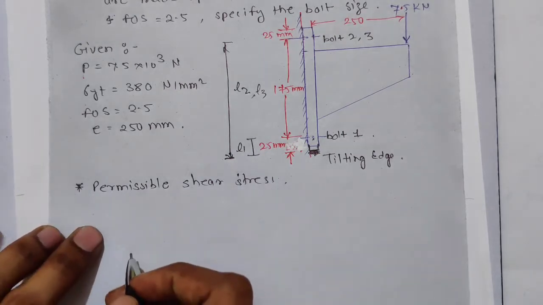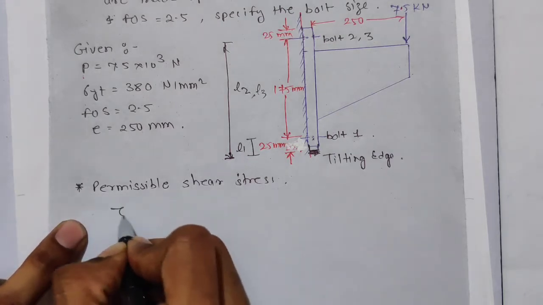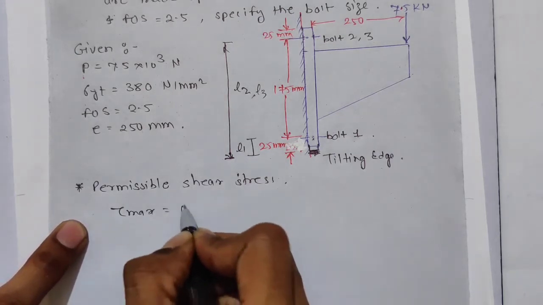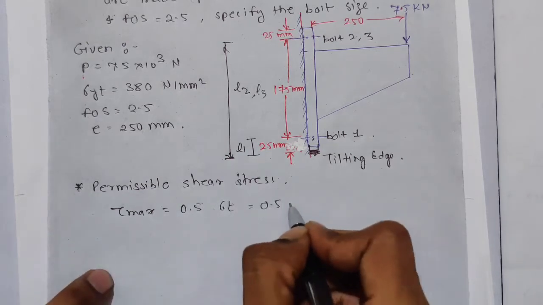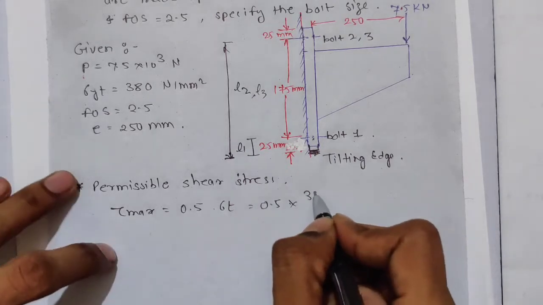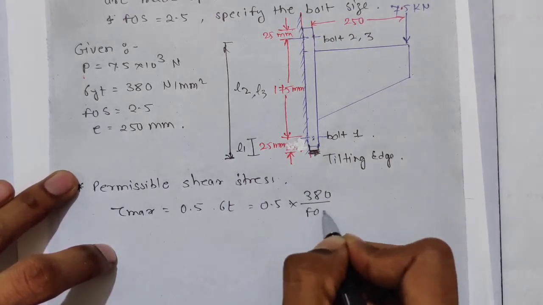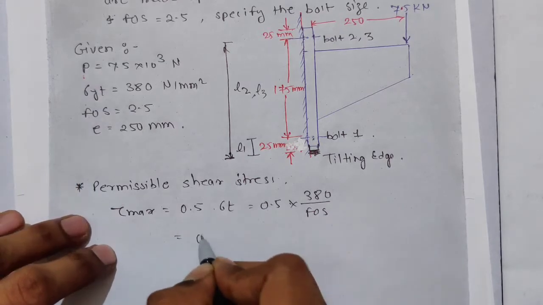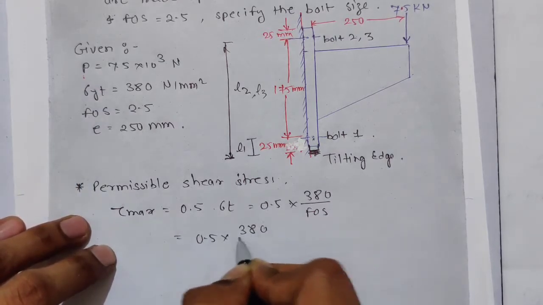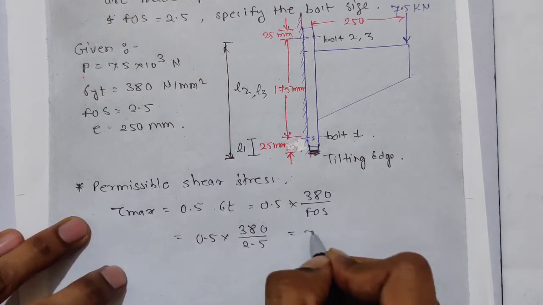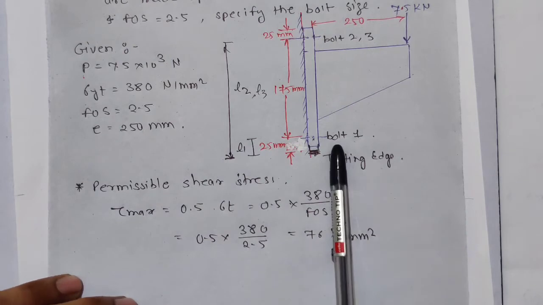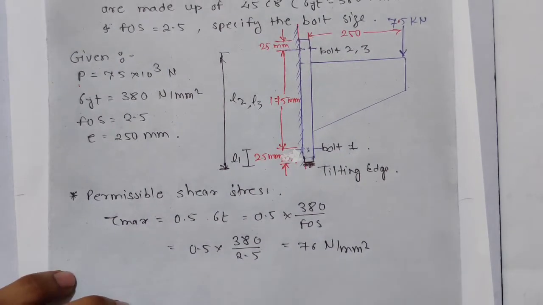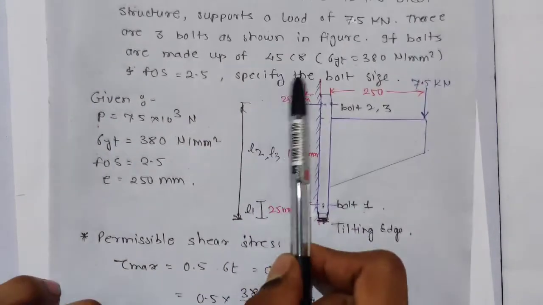So permissible shear stress will be tau max is equal to 0.5 into sigma t, where sigma t is nothing but sigma yield 380 divided by factor of safety. So it is 0.5 into 380 divided by factor of safety 2.5, that is 76 Newton per mm square. Again I am telling, for bolt we use mild steel most of the time, also plain carbon steel as a material.